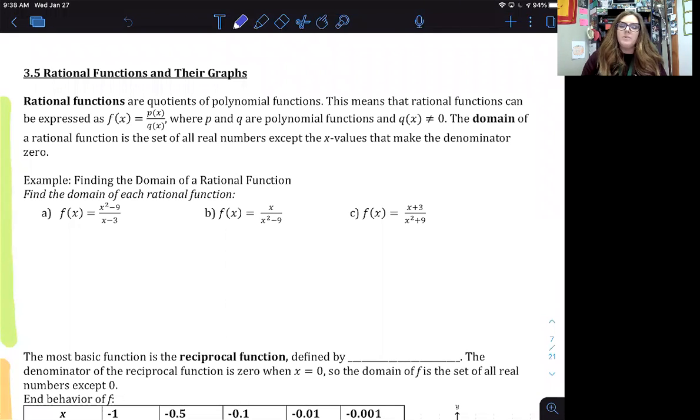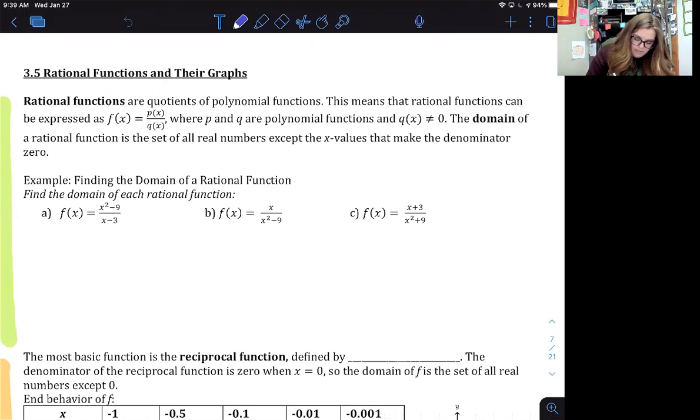Okay. So the domain of a rational function is the set of all real numbers except the x values that make the denominator 0. This is similar to what we've seen before. We want to make sure that our denominator is factored and then determine what x cannot equal. If we look at this first example, f of x equals x squared minus 9 divided by x minus 3.